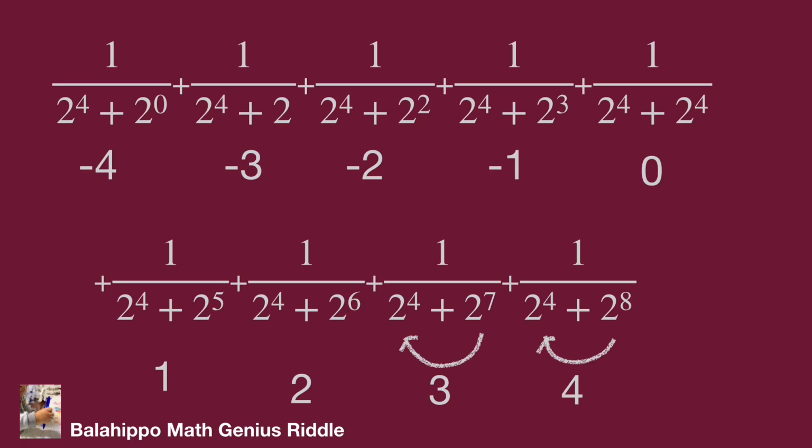My approach is to rearrange the sequence of the fractions, so that the index differences are paired as minus 4 and 4, minus 3 and 3, minus 2 and 2, minus 1 and 1.